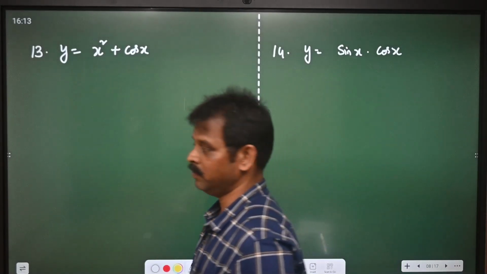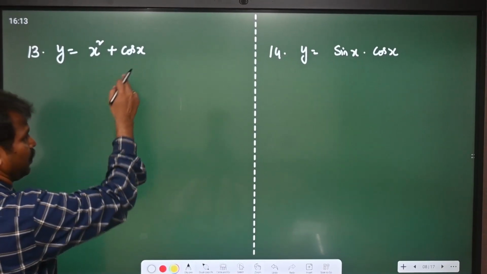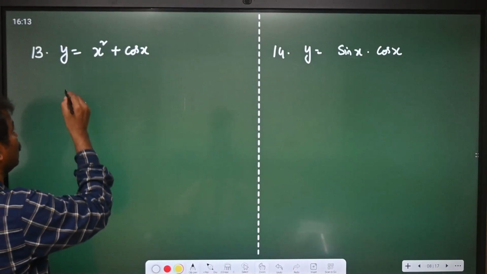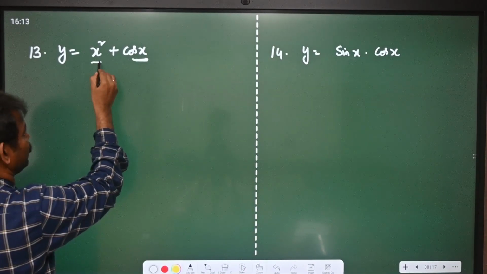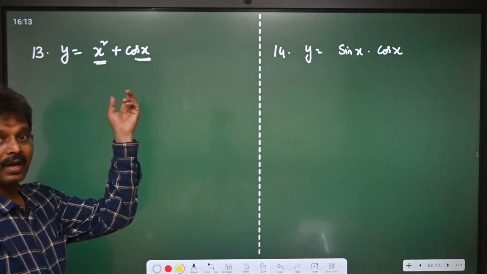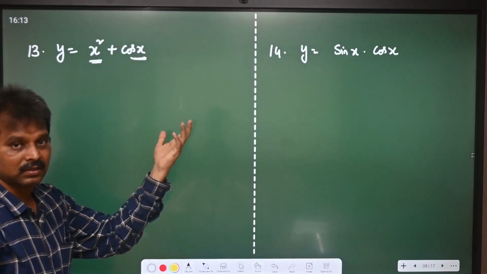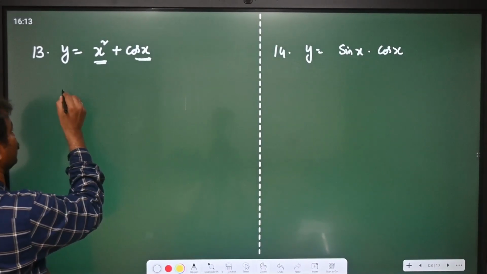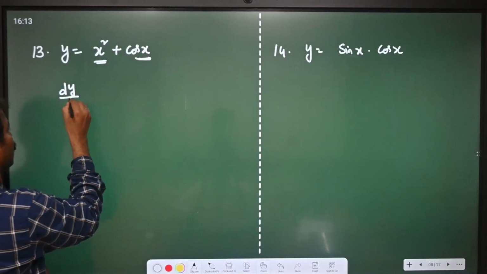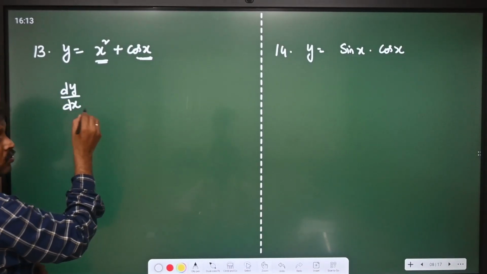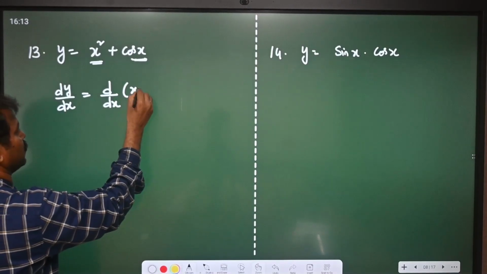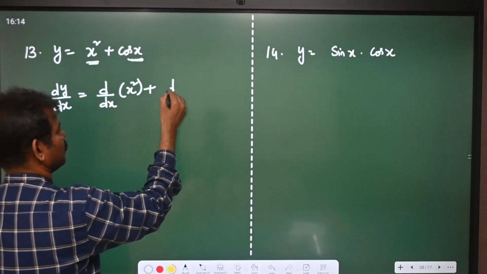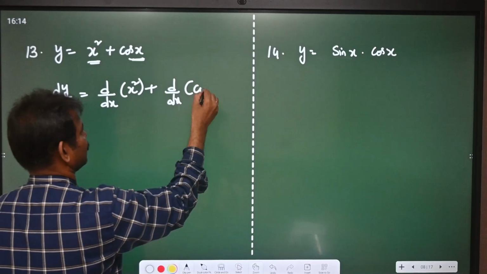Now the 13th problem. y is equal to x square plus cos x. Now I want the derivative of this. In these two terms we have x, so both are differentiable with respect to x. So for these types of functions we can write the total derivative of y with respect to x as the derivative of the first term plus the derivative of the second term.